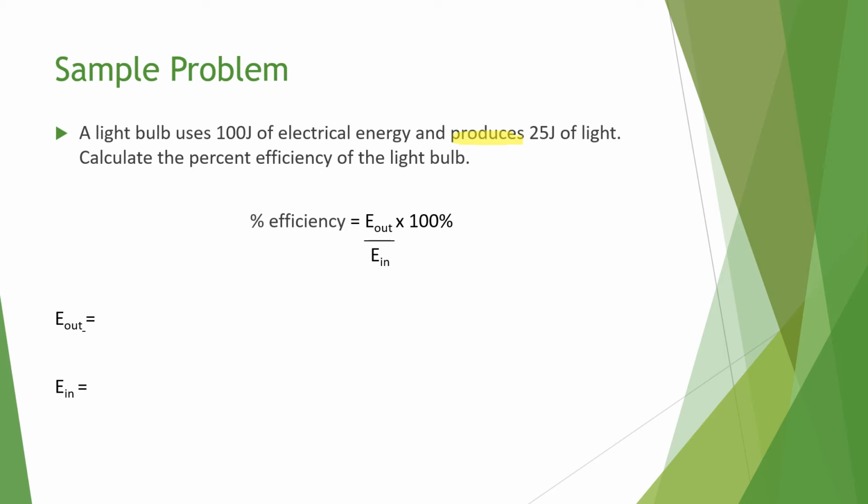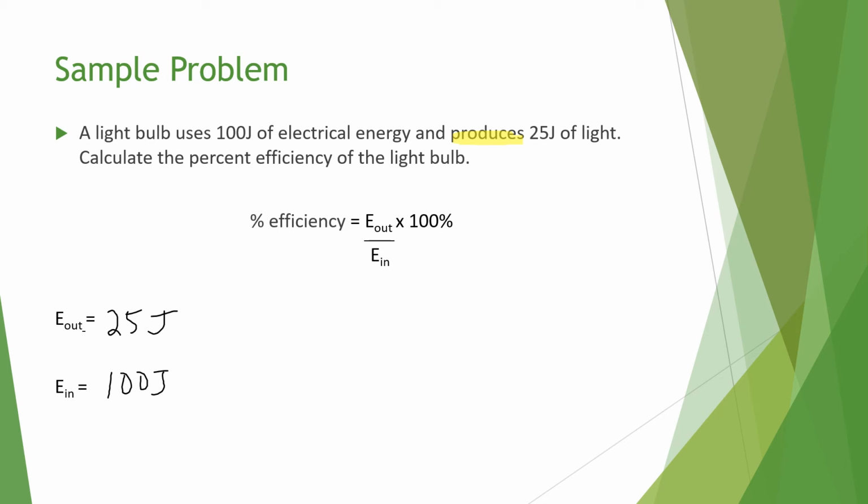So we're going to start off by writing down what we have. Energy out is how much it produces, or how much it puts out to do the task. So that's going to be 25 joules, and energy in is how much it requires. So that was the 100 joules of electrical energy.